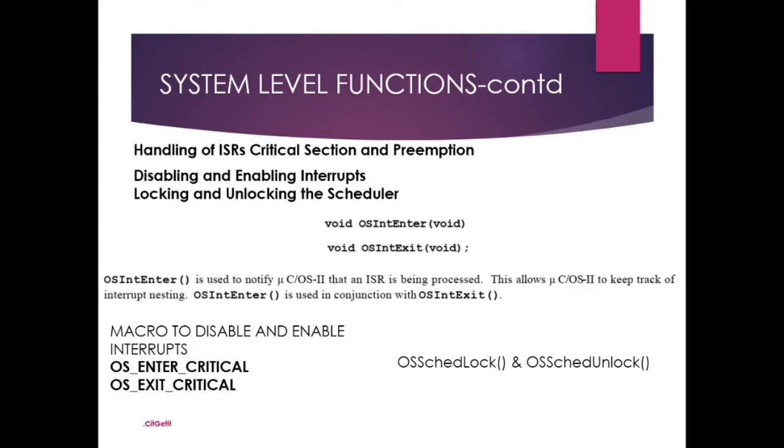Whenever an interrupt occurs and an ISR starts to execute, the function OS int enter will be called, and inside OS int enter a global variable related to maintaining the safe operation of the interrupts will be incremented. Once the ISR is processed and we exit, it will automatically decrement that global variable and exit from it.